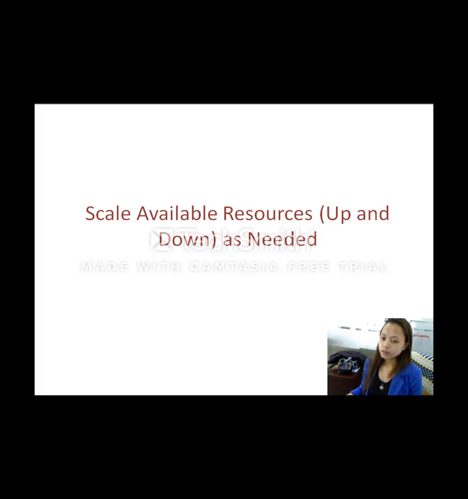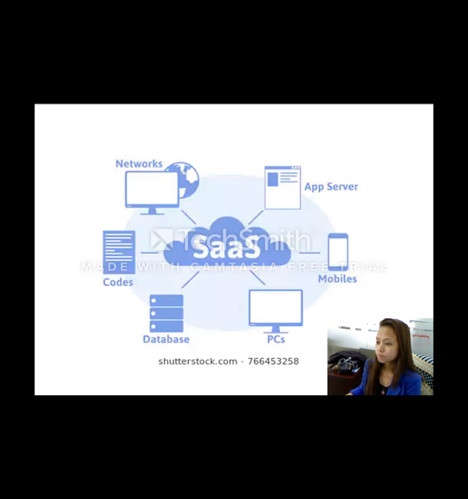Scale available resources up and down as needed. One of the lesser-known benefits of enterprise system is their ability to scale the IT capabilities of a business up or down as needed.